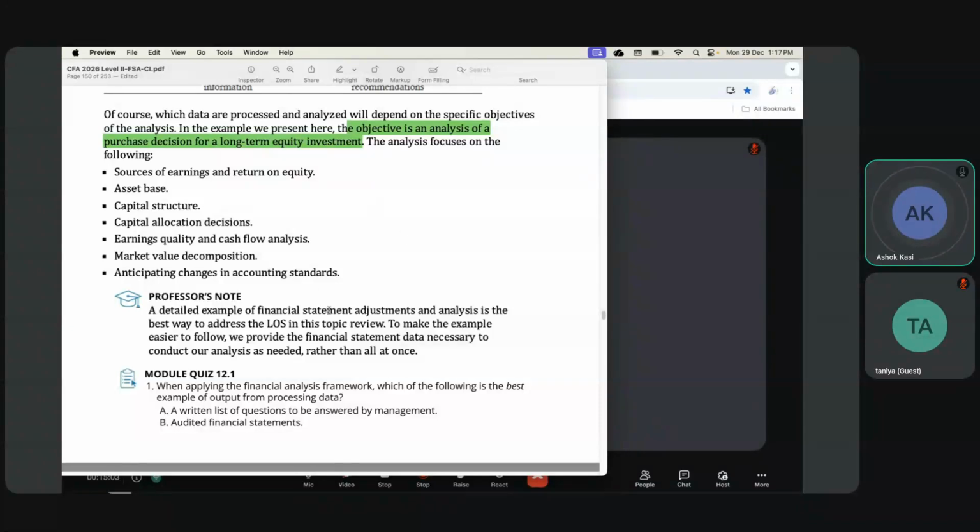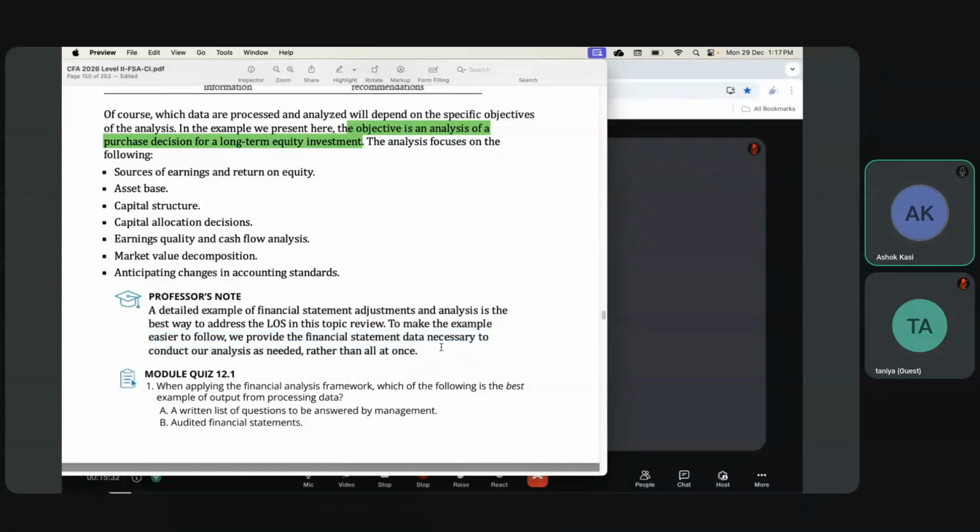A detailed example of financial statement adjustments and analysis is the best way to address the LOS in this topic review. To make the example easier to follow, we provide the financial statement data necessary to conduct our analysis as needed rather than all at once. So they have given only the necessary data.